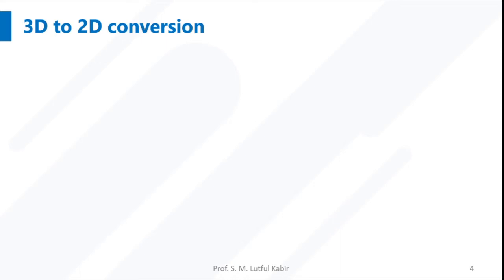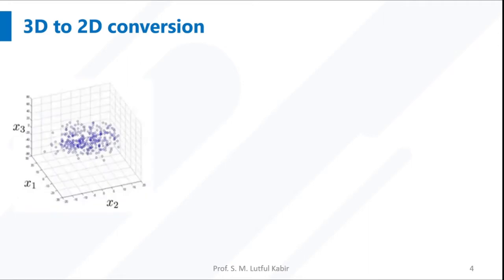So let us see a similar example for converting 3D into 2D. This is a plot of a number of points, maybe 1,000 points, and you want to convert this data to, for example, 100 points.